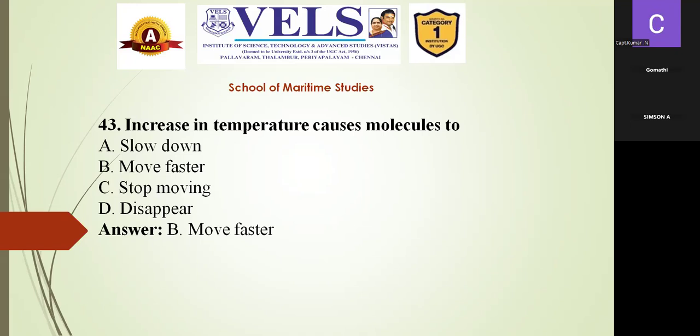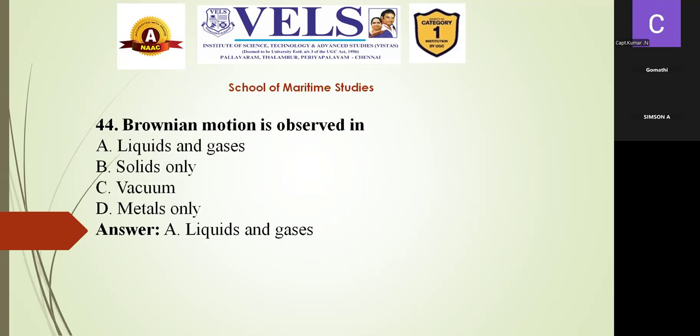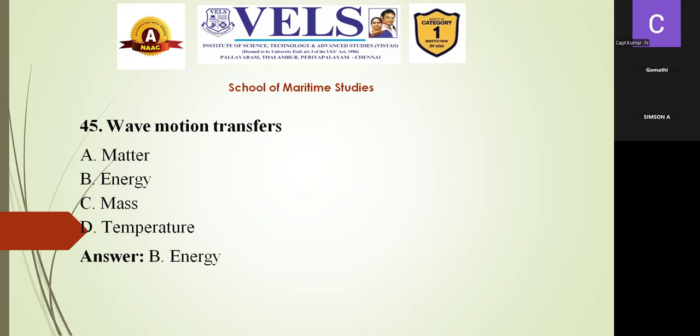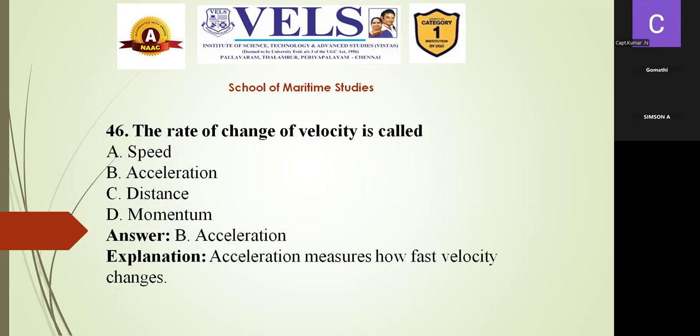An increase in temperature causes molecules to move faster. When we increase the temperature, the molecules inside the body move faster. Brownian motion is observed in liquids and gases. Wave motion transfers energy.